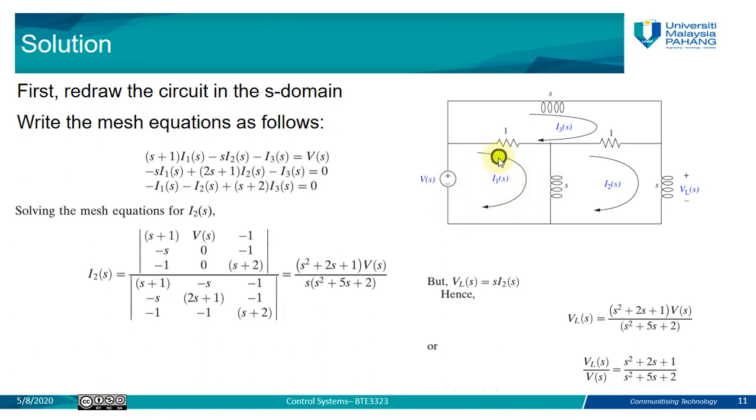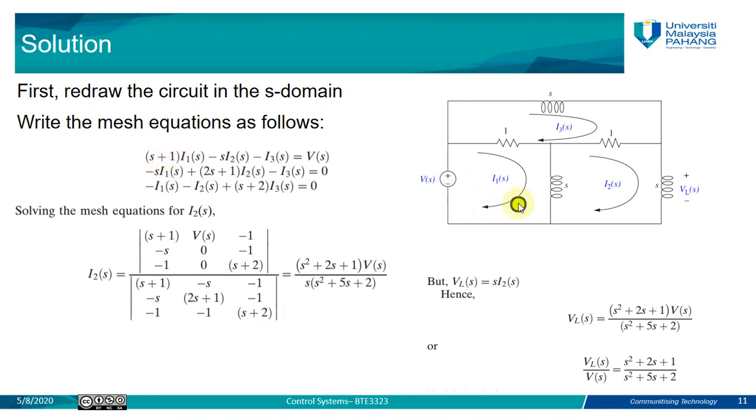In loop 1 we have two impedances, this resistor and this inductor, so the coefficient of I1 will be 1 plus s. So we have (1 plus s) I1.